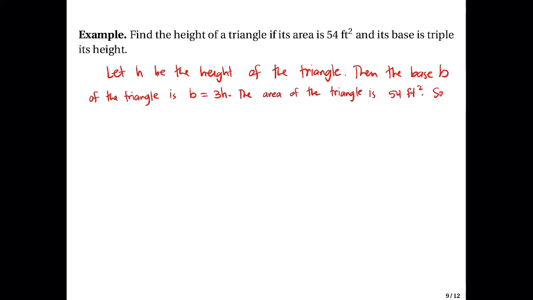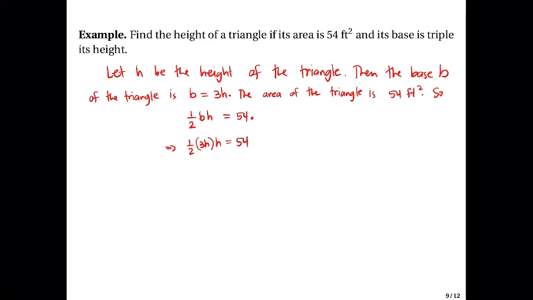So the formula for the area is 1/2 base times height, and this is equal to 54. But the base is equal to 3h. You will have here 1/2 times 3h times h. This is equal to 54.